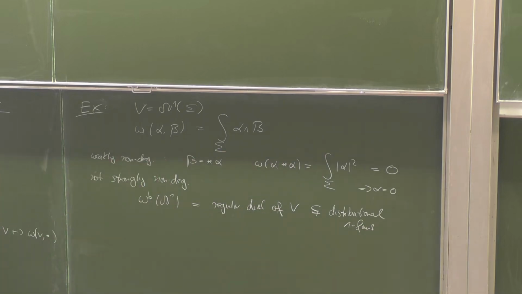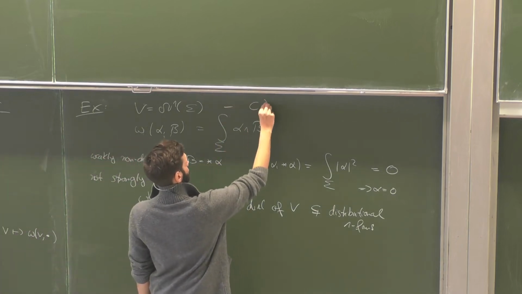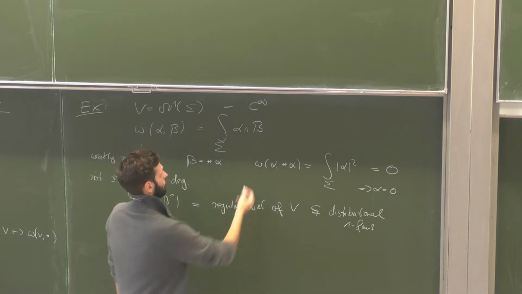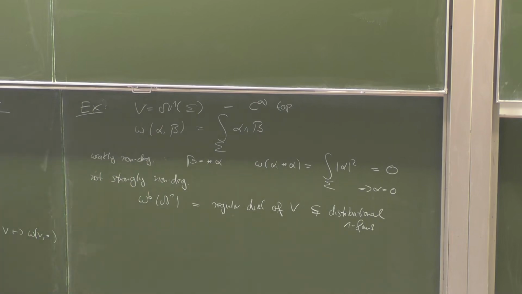So already in this very simple example, we see that the form is only weakly non-degenerate, not strongly non-degenerate. And just to make that precise, we consider here the C infinity topology, really as smooth one forms.